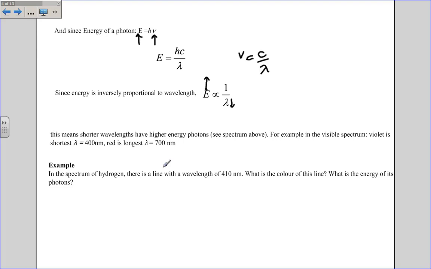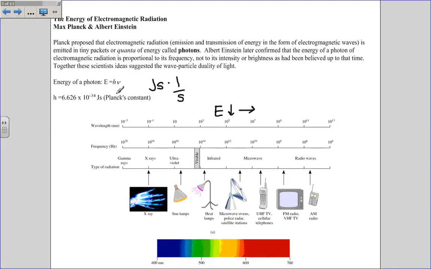I'm going to examine that same color of 410 nanometers. We want to know what color this line is and what is the energy of the photon. To identify what color it is, we need to look back at the electromagnetic spectrum and look at where 410 nanometers lies. 410 nanometers lies in the visible region, and it's in the purple or blue region.